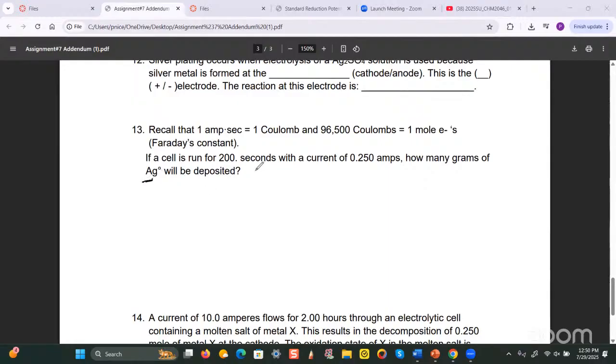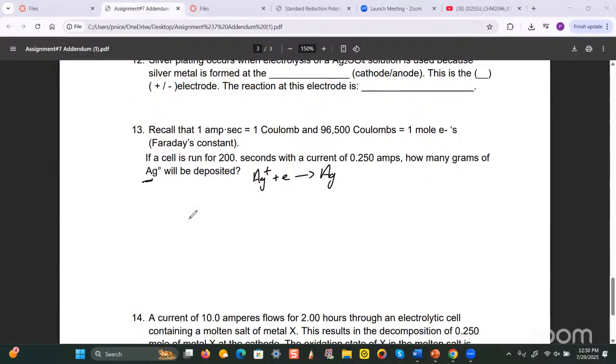So the first thing I would do is write down the equation for the formation of silver as a result of the reduction of silver ions. That's important because we need the mole ratio between the electrons and the silver, right?